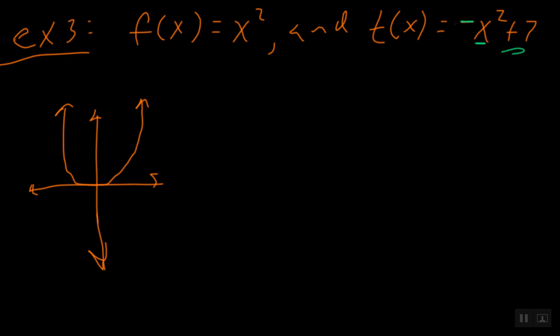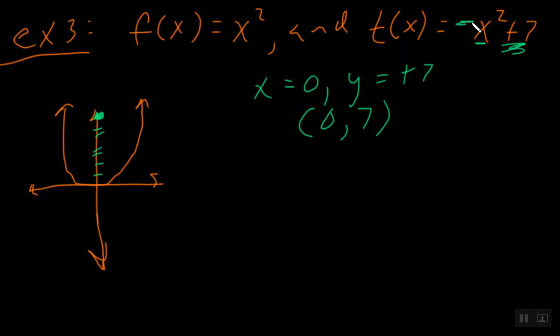Because this is simply x squared, I know that the x value of my vertex is at 0, and the y value of my vertex is simply that constant, positive 7. So my vertex is at (0, 7), and I can go up 1, 2, 3, 4, 5, 6, 7. But I also notice that my a value is negative. That means that my quadratic will open down. Easy, easy. Let's go ahead and look at our final example, the most complex yet.